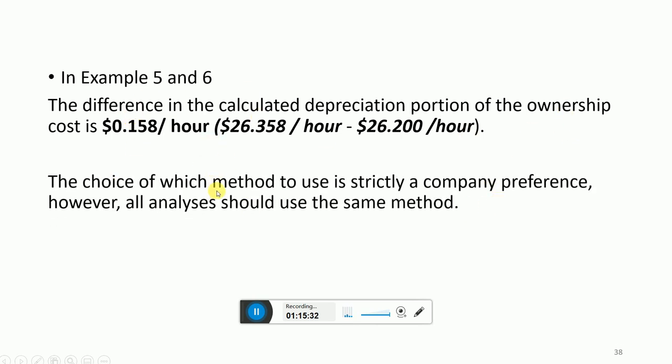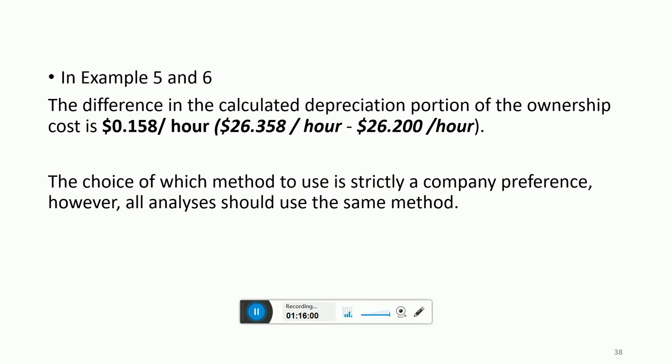The choice of which method to be used strictly depends on the company's preference. However, all the analysis should use the same method. Basically, either method is satisfactory, especially considering the impact of the unknowns concerning service life, operating hours per year, and expected future salvage.